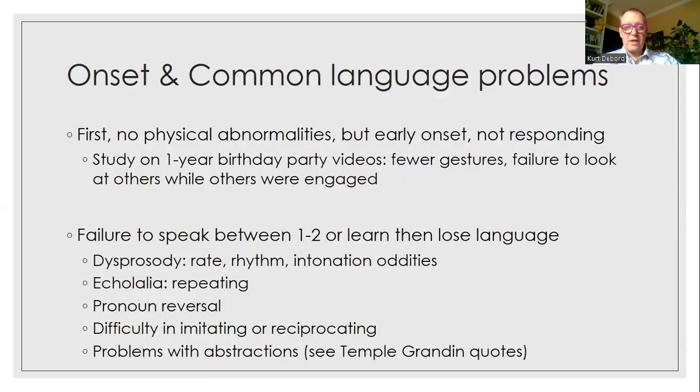So the onset of autism is early. There are no physical features of the face or anything like that that can help distinguish a child who's been born with autism. But frequently what you see is that a child won't respond.